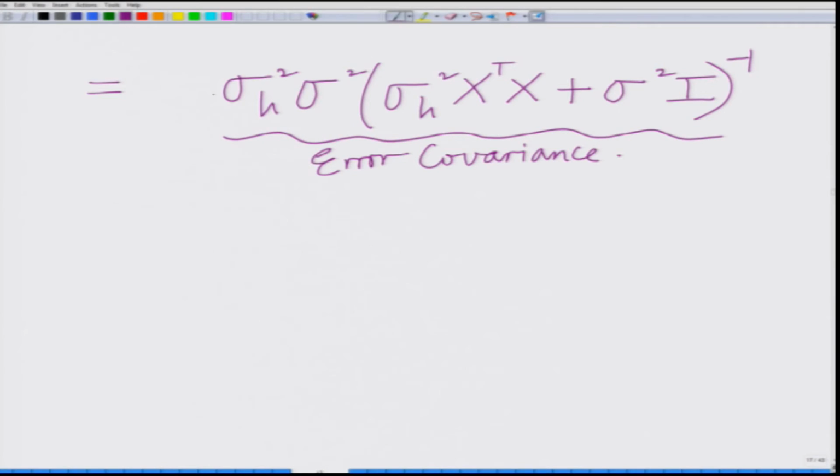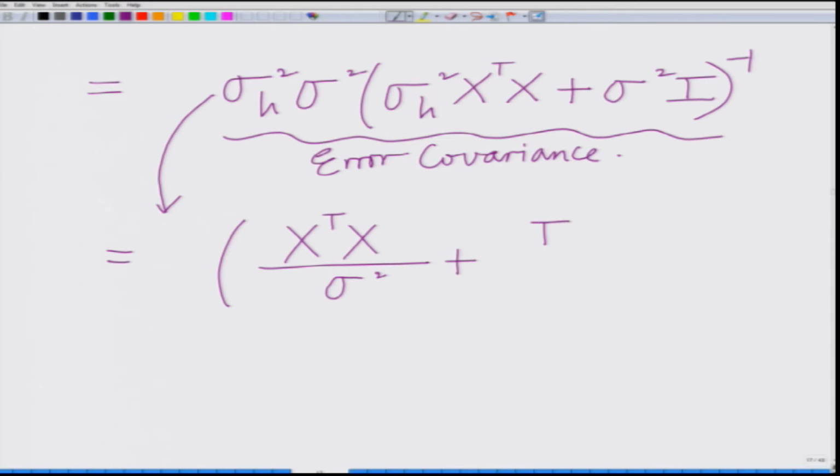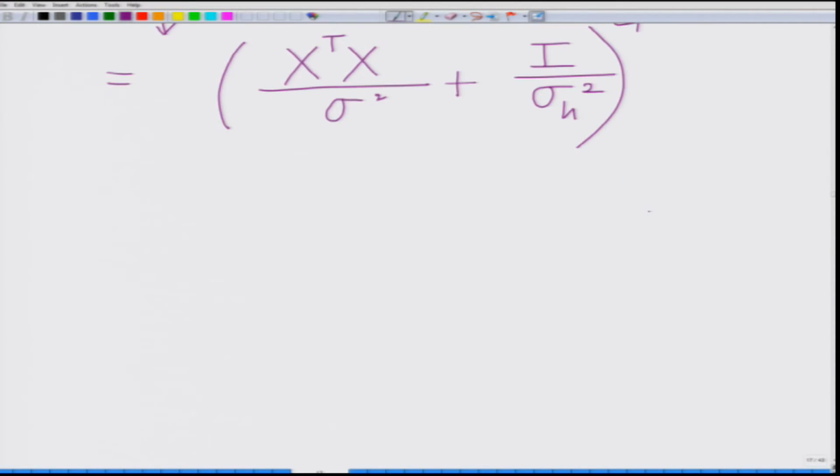Now, sigma h square into sigma square is a scalar factor, so I can take it inside the matrix inverse. Taking it inside, I get the final expression: x transpose x divided by sigma square plus identity divided by sigma h square, inverse. So this is your final expression for the error covariance.